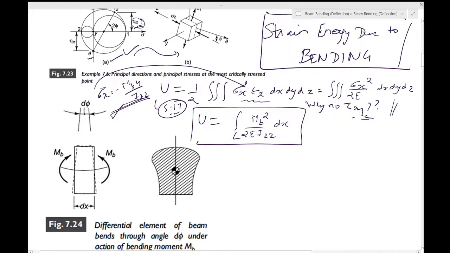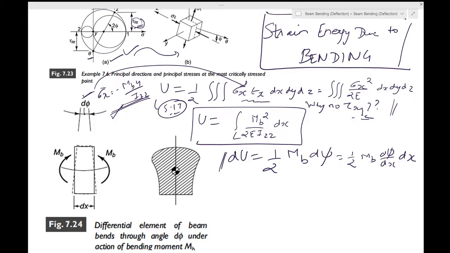If you consider it like a spring, you would have dU equal to half Mb d phi, and this is what you can write as half Mb d phi by dx into dx. When figure 7.14 is substituted for d phi by dx and the result is integrated over the length of the beam, we obtain 7.31. So once you integrate this over the length of the beam, you should be able to get this equation.